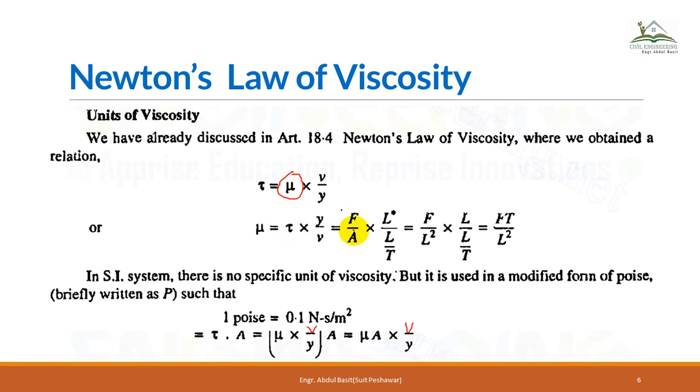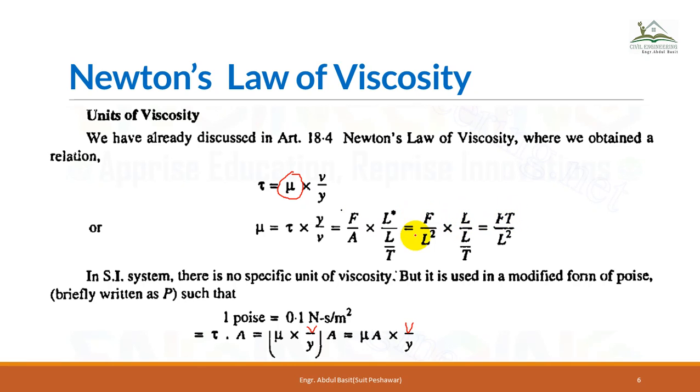Now tau is equal to force per unit area, as I told you earlier, y is the distance and v is the velocity. So the dimensions will be force per unit area multiplied by length divided by length per time. Force is in newtons.